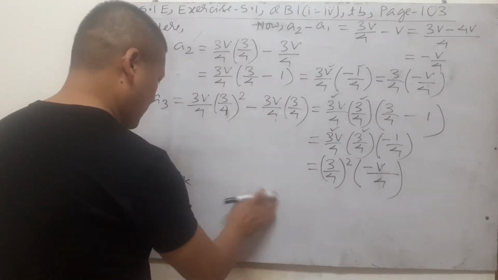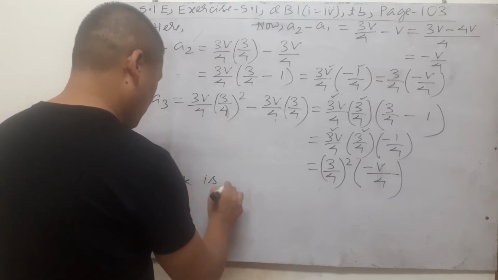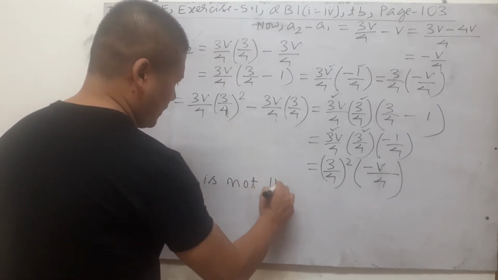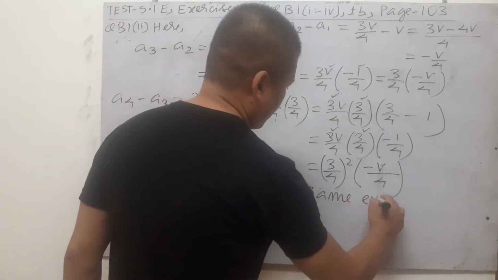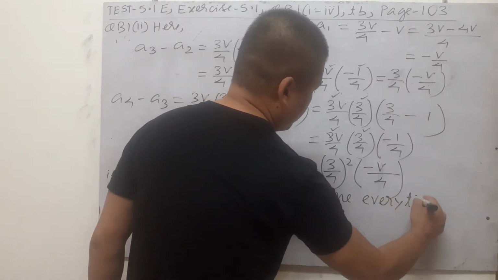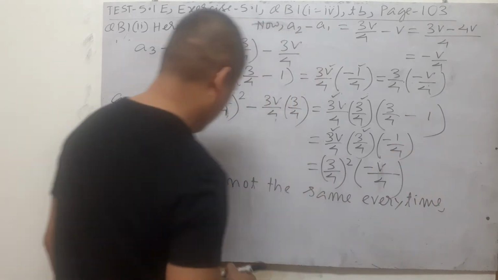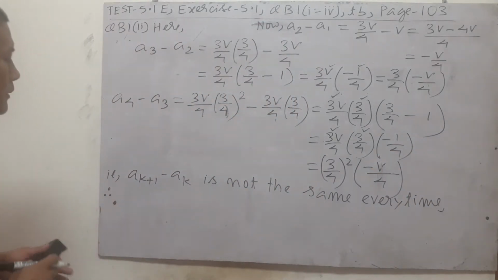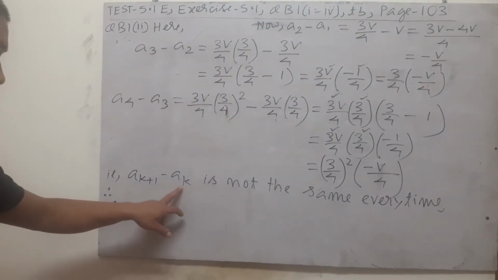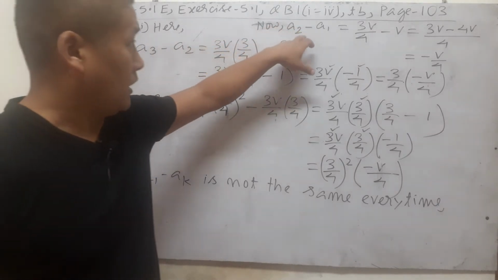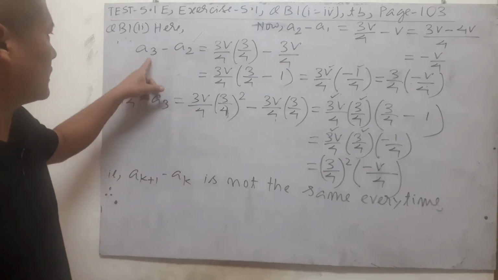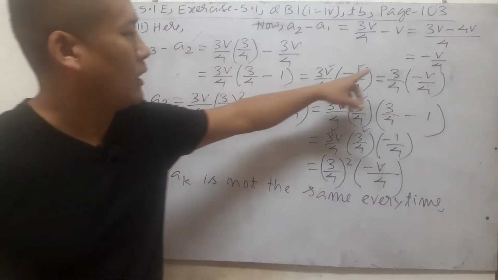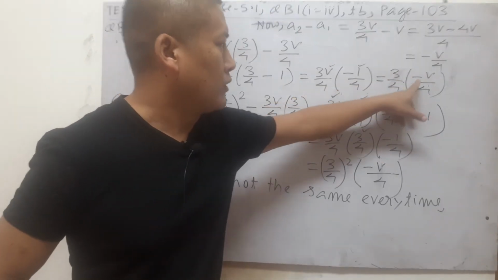It is not the same every time. So you can clearly see here A(k+1) minus A(k) in the first, A2 minus A1, is minus V by 4. Then A(k+1) minus A(k), which is A3 minus A2, in the next one is 3/4 into minus V by 4.